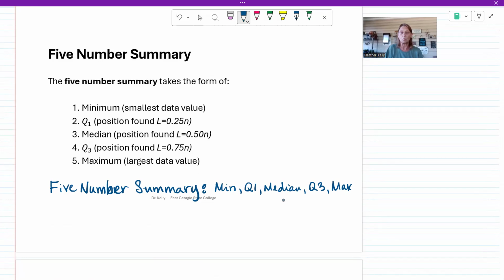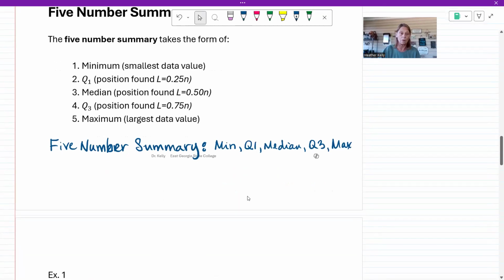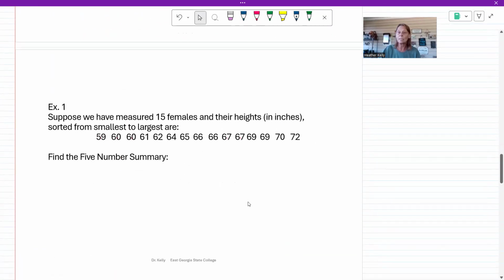So that is the way you would read that. And you would be expected, if we told you this is a 5-number summary, to know what each one of those values means without getting any other information. Okay. All right. So let's do our first example.